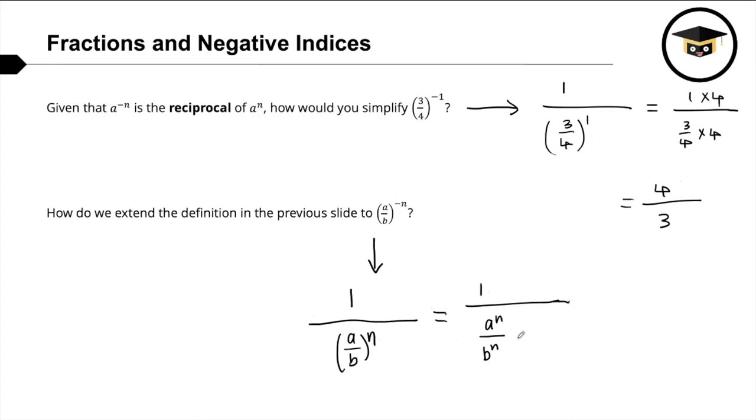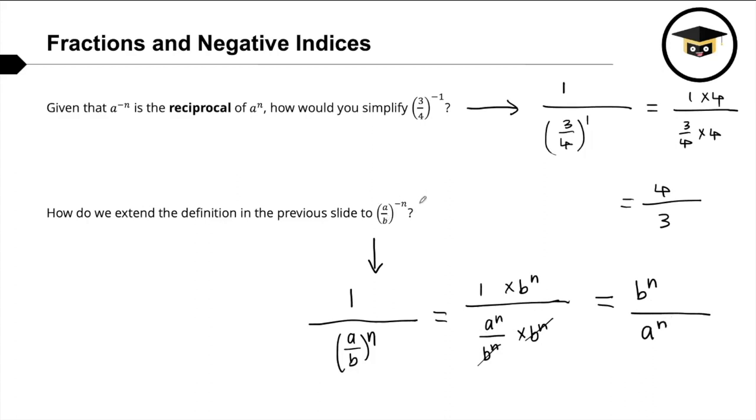To simplify this, we need to multiply the top and the bottom by b to the n. Why have I chosen b to the n? Because that's going to result in cancellation happening here. So here we're going to get b to the n on top, because 1 times b to the n is b to the n, over a to the n. And so that is what a over b to the power of negative n is equal to.